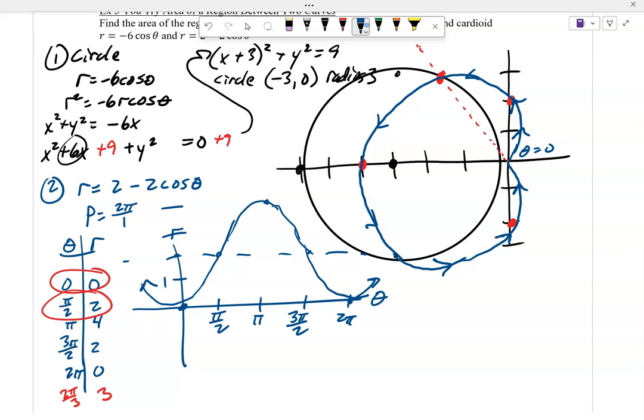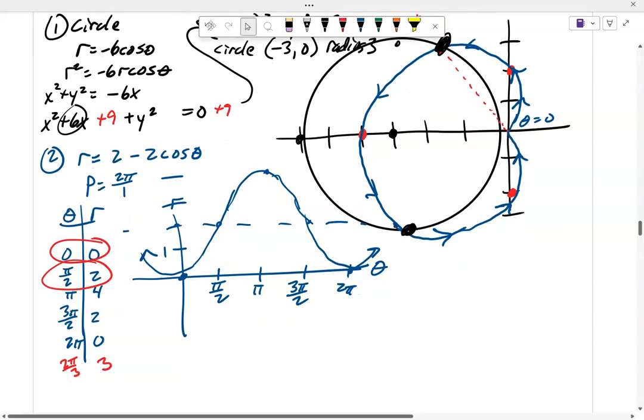Now we need to know where they intersect. That black point, and this black point. I didn't draw this the greatest. So where does this r equal this r?